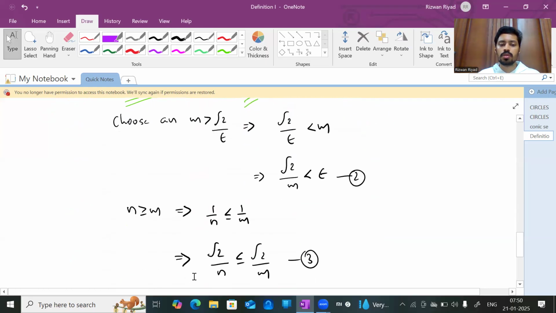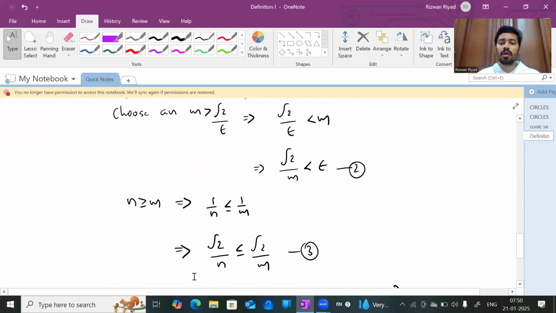Don't worry, we have an m here. Choose m that is greater than root 2 by epsilon. We can choose it easily, right? Because root 2 is a positive real number, and epsilon is also a positive real number; epsilon greater than 0 is given.